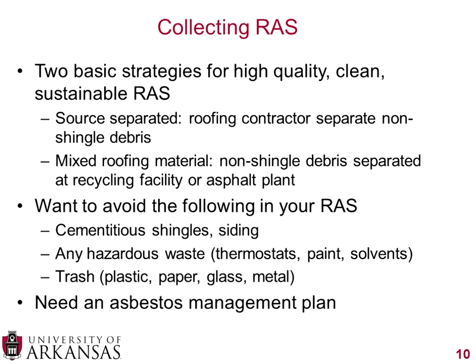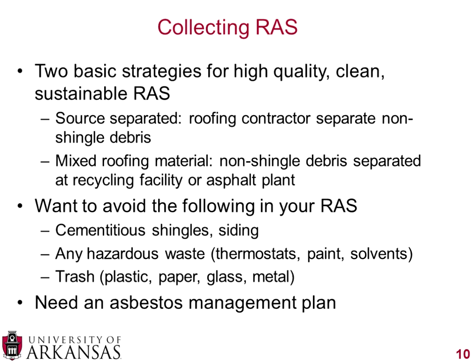Another option is collecting the mixed roofing material, and at either a recycling facility or even at an asphalt plant, that's where you do the sorting. But either way, you do need to sort and minimize any sort of non-RAS material.